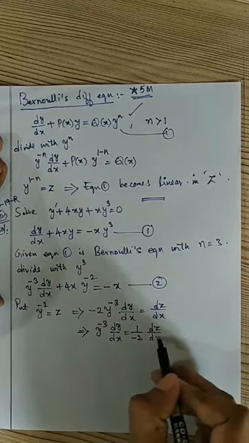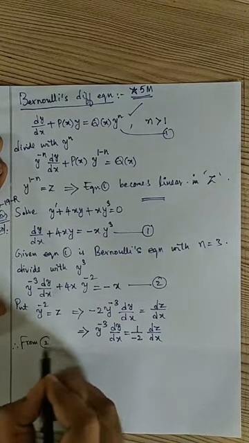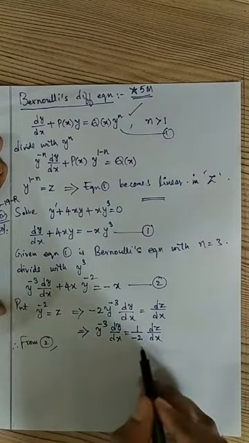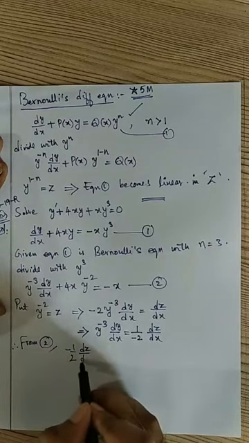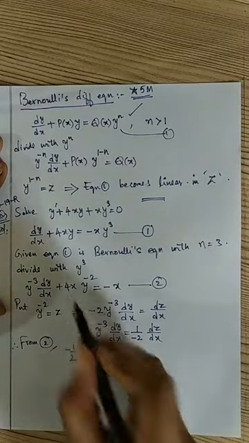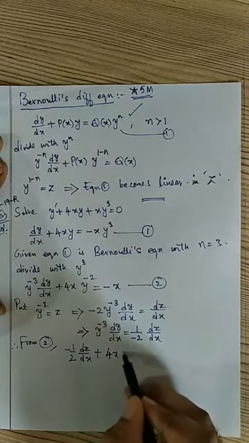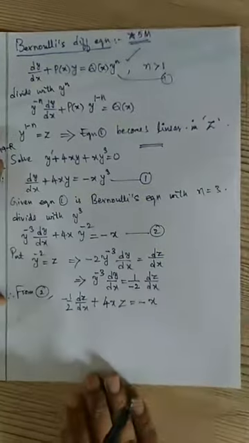Therefore from 2, what will happen? y power minus 3 dy by dx, this term can be replaced with minus 1 by 2 dz by dx, plus 4x as it is, y power minus 2. y power minus 2 is nothing but z, equals to minus x as it is.